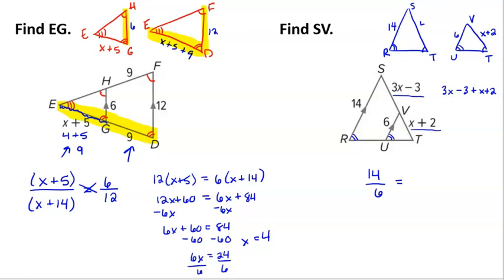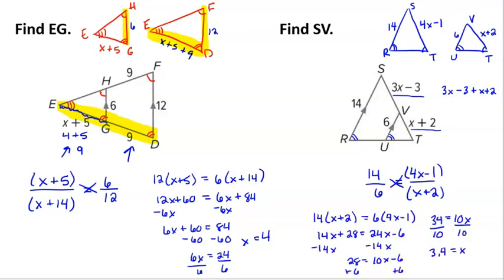And so that is going to be 4x, and then negative 3 plus 2 is going to be negative 1. And so now I have 4x minus 1 when I add those two sides together over x plus 2. And then I just cross multiply and solve again.